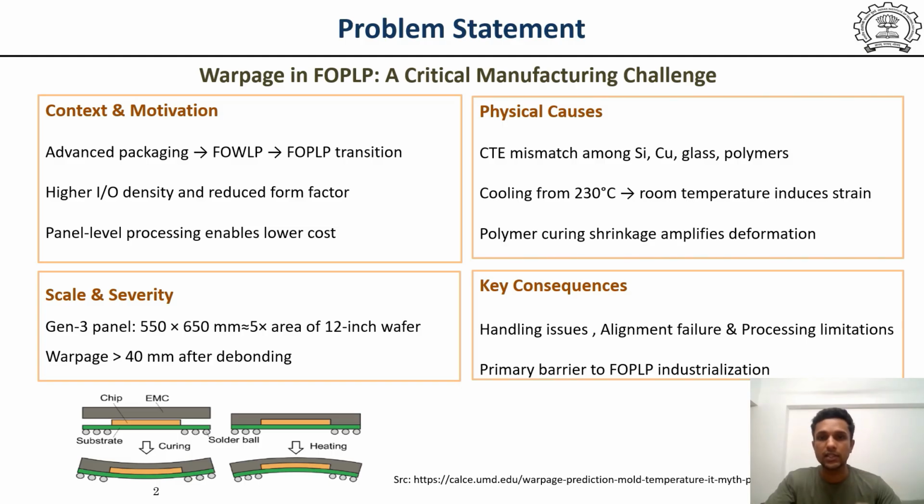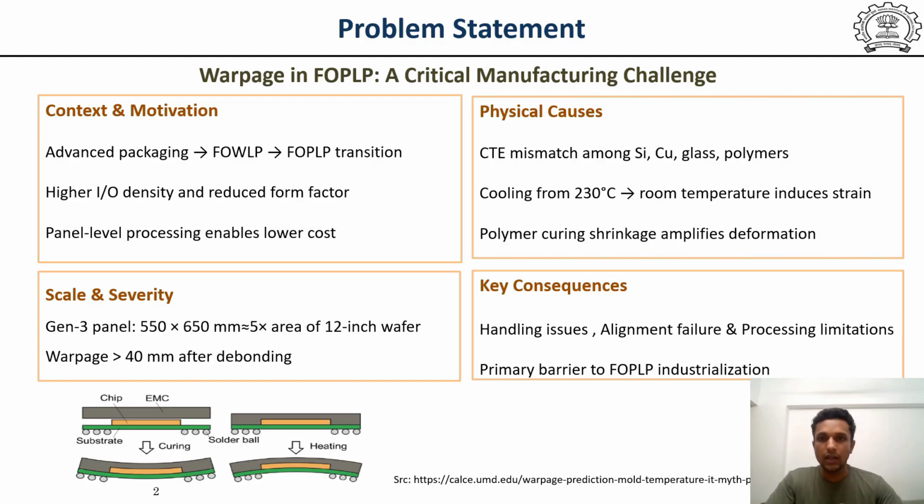All these materials have different coefficients of thermal expansion, and when it heats up and cools down, this difference in CTE causes thermomechanical stress inside the package, which is stuck together.